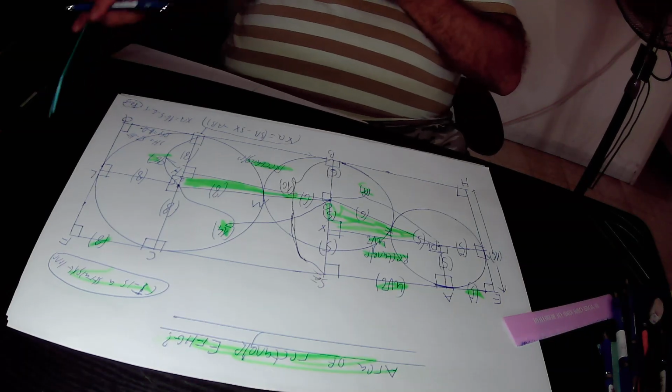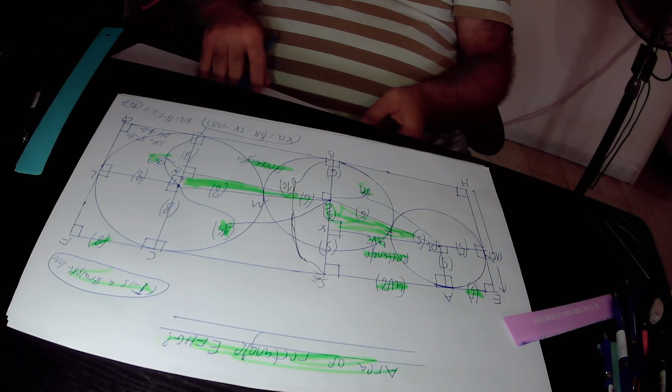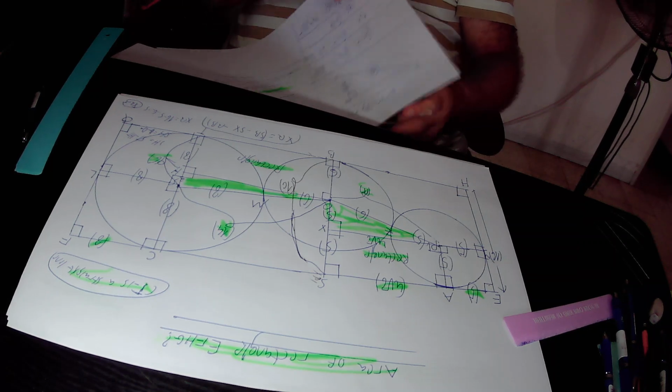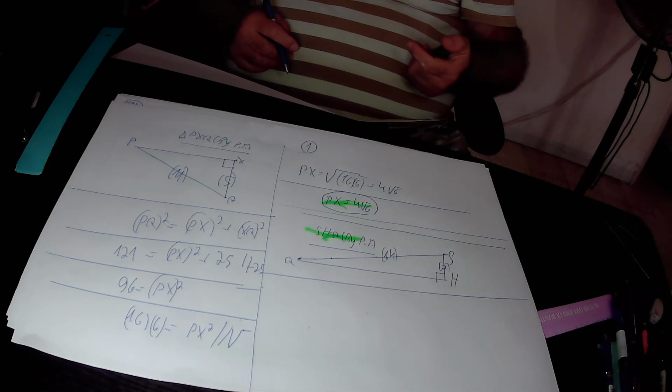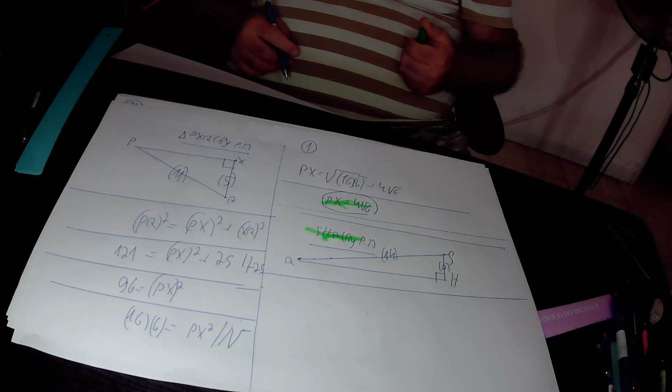So actually, this is the right green triangle QSH that I copied from the original drawing.